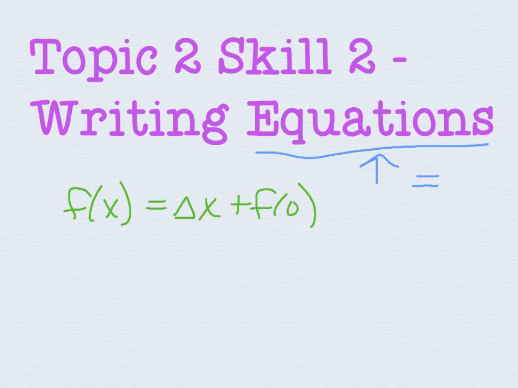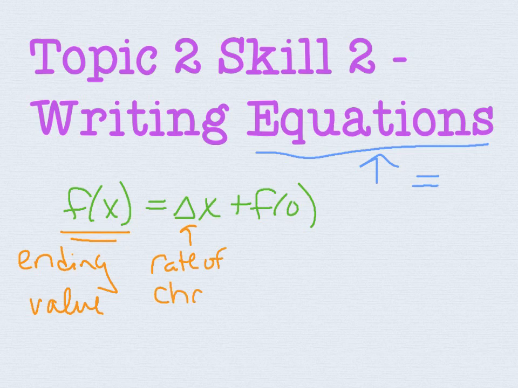And here is the formula that we are going to use to write these equations. Just as a reminder, f of x is going to be our ending value. Our delta is going to be our rate of change, or I'll probably just refer to it as the change.